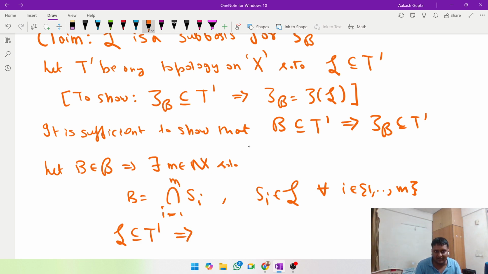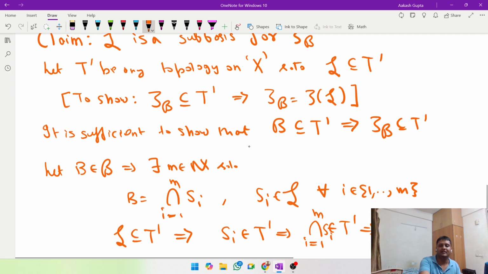So the S_i are in particular in tau prime. Tau prime is a topology which is closed under finite intersections. So this implies B is in tau prime. You see how simple this is to show.